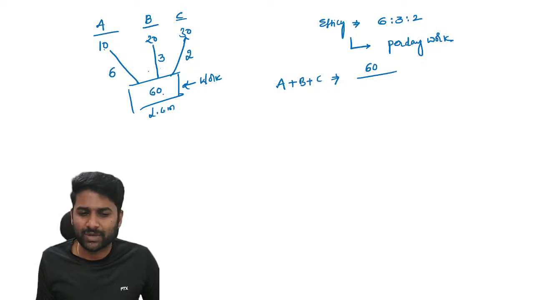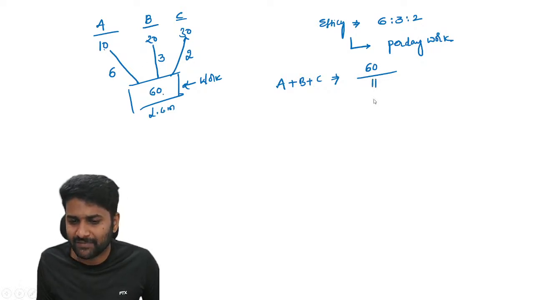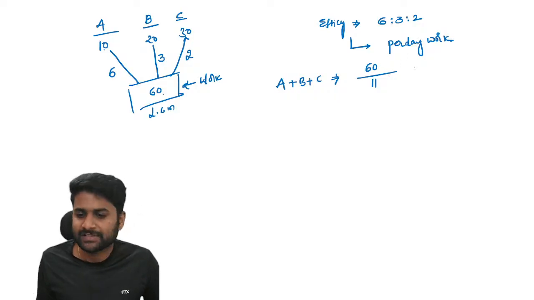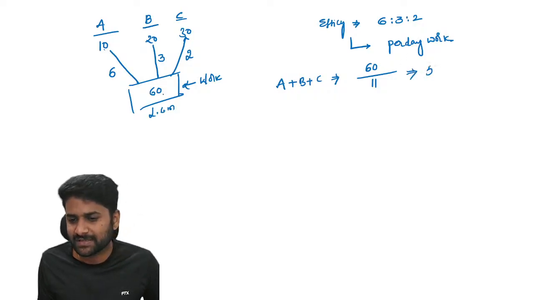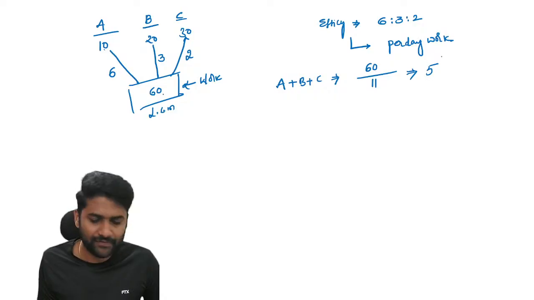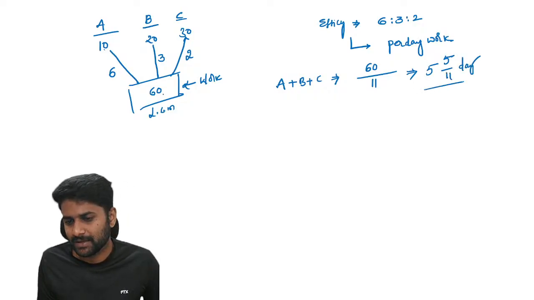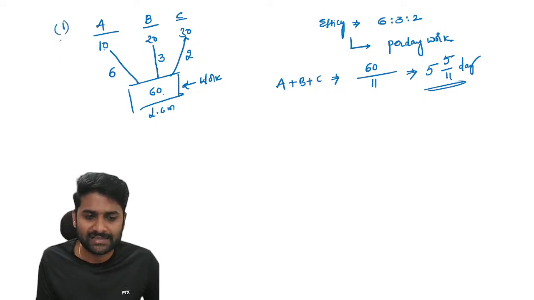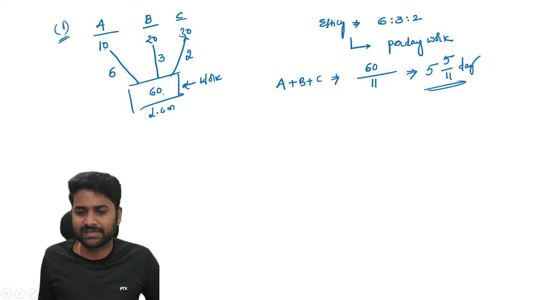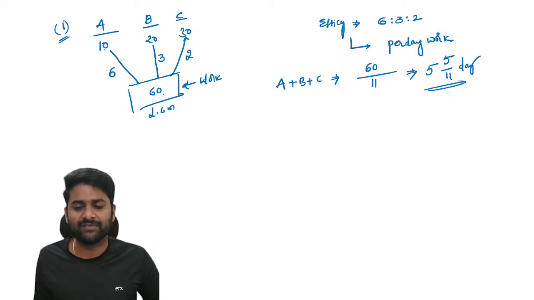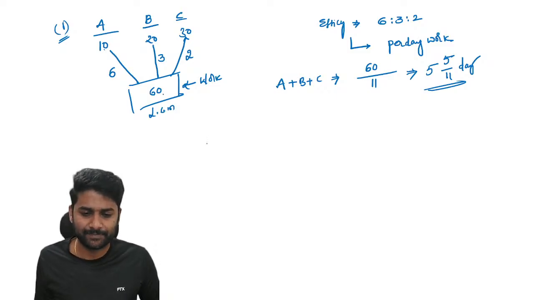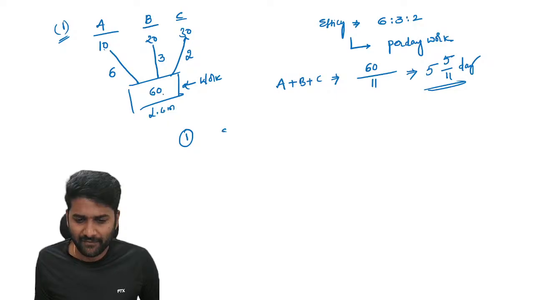A, B, C together complete 11 units per day. For 60 units, how much time does it take? 11 into 5 is 55. Remainder is 5 by 11. So if I assign all these three persons, then the whole work is completed in 5 5 by 11 days.